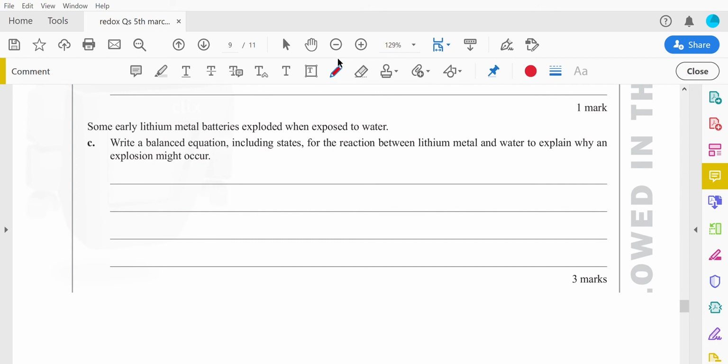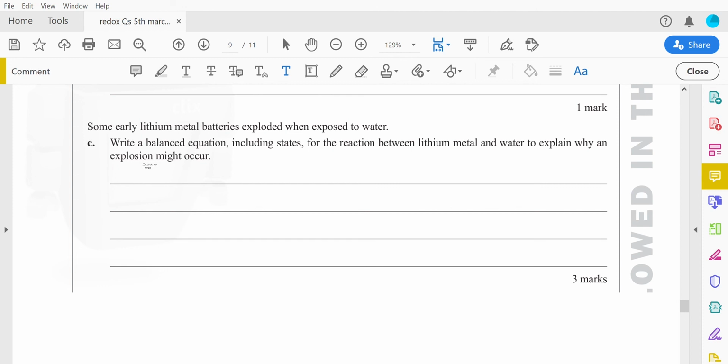This is not justifying it, this is writing the balanced redox equation, the full equation. Let's write this out. Let's go through it fully, but you won't need to do that for the full marks. What you do need to do is explain why an explosion might occur. So that's going to be part of your marks. But we'll go through it fully.